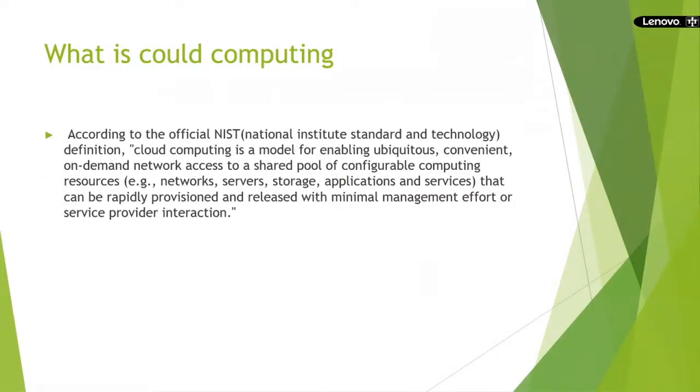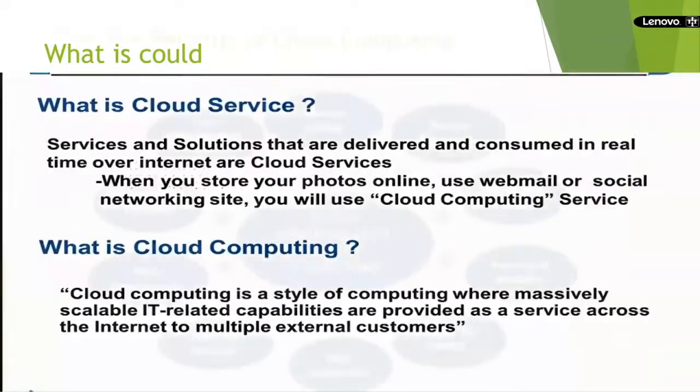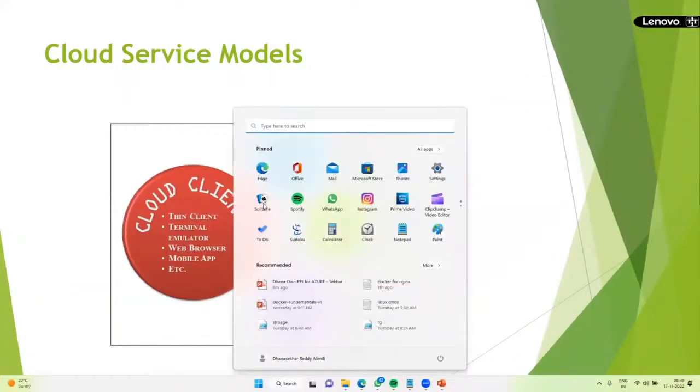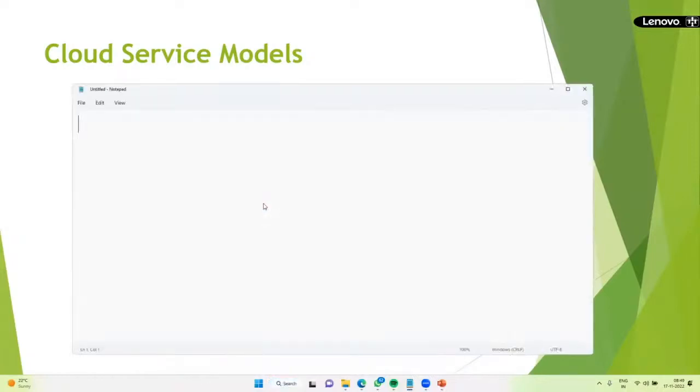Next, in the cloud, we have three types of services, guys: IaaS, PaaS, and SaaS. Based on your business requirement, you can choose which cloud service model is required. First, IaaS, infrastructure as a service.